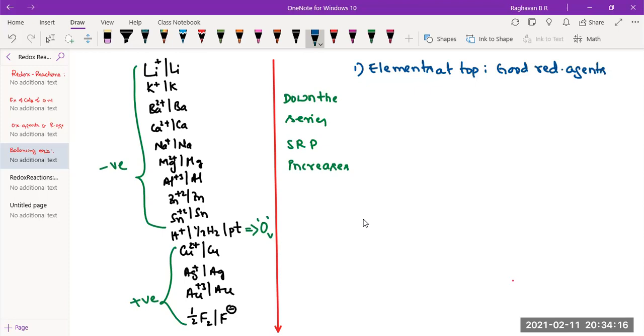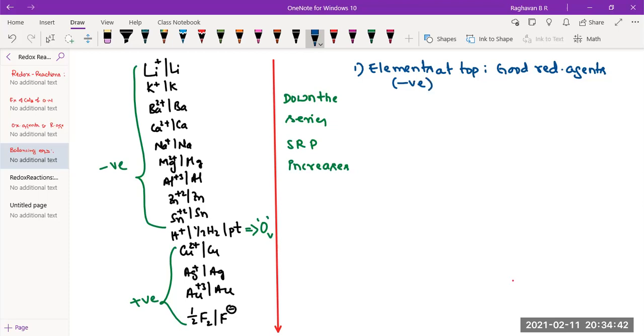One thing you remember directly, or you can imagine any of these elements at the beginning: they are all highly reactive. Barium, calcium, sodium, lithium are all highly metallic and electropositive, so they are ready to donate electrons. The one which donates electrons undergoes oxidation, and the one which undergoes oxidation is a reducing agent. So elements at the top, with negative SRP, are good reducing agents.